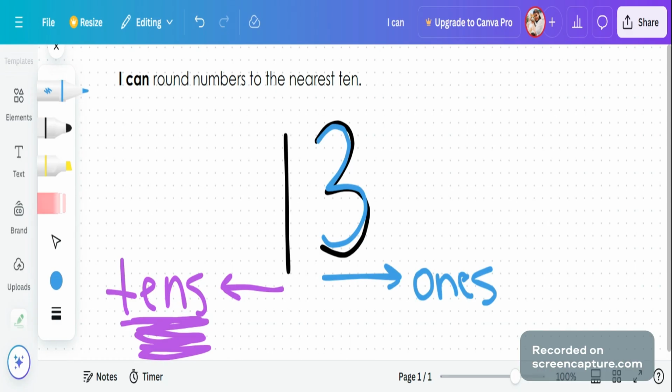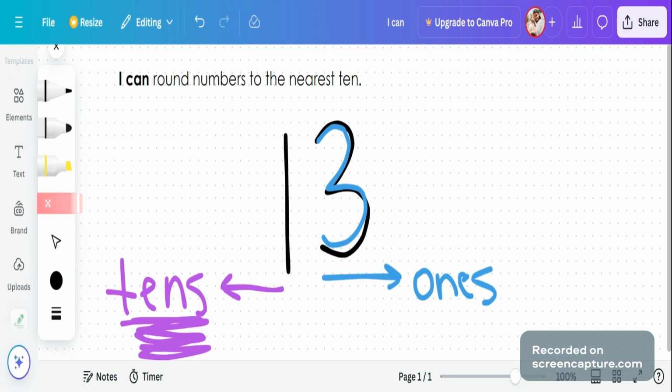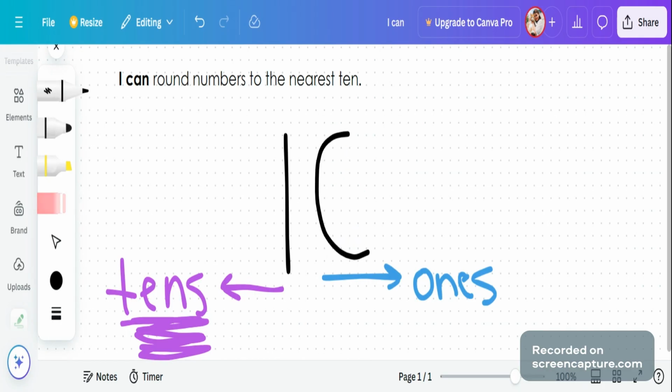Because the number 3 is less than 5, we're rounding down. So the number in the tens place is going to stay the same, and the number in the ones place is going to change to 0. So ultimately, 13 rounds to 10.